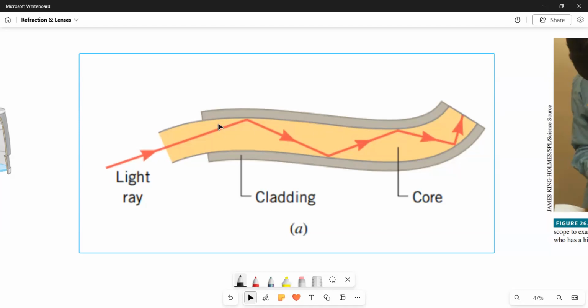And the refractive index is such that there's going to be total internal reflection in that glass filament. So no light is going to escape.